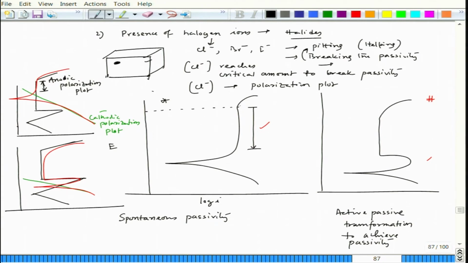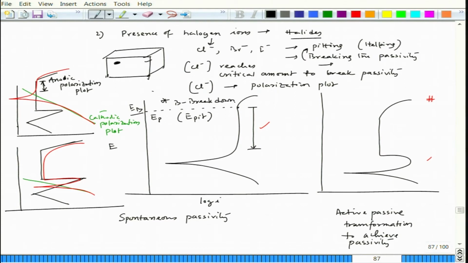But at some critical potential, the passivity will not be able to cover up that pit, so the pit starts growing. This point is called EP, or E pit. Sometimes it is also called EB, or E breakdown. B means breakdown.